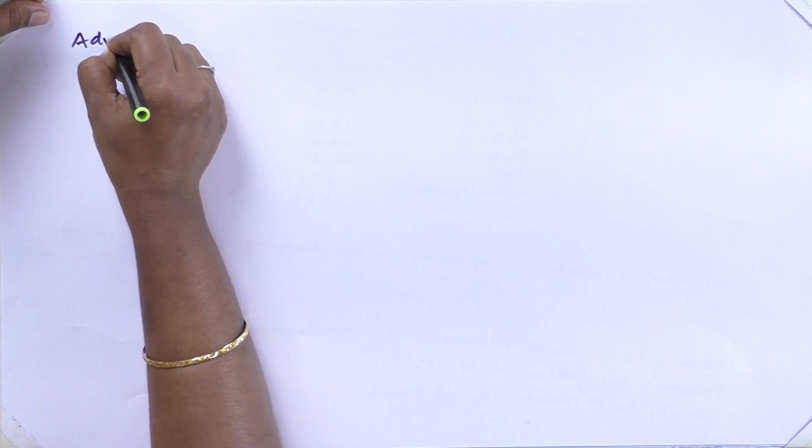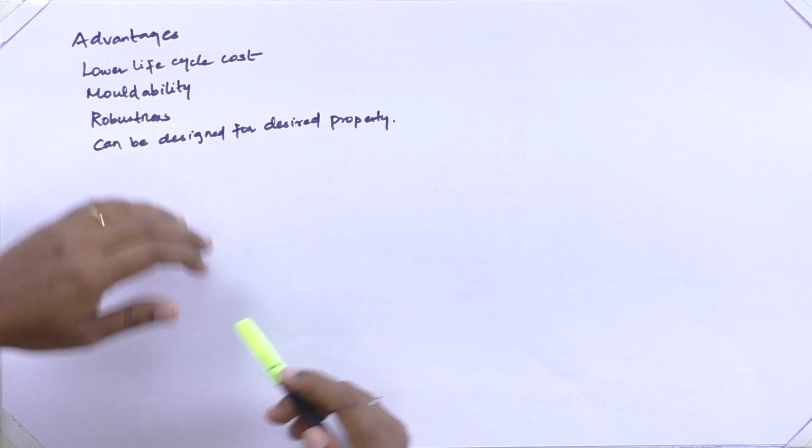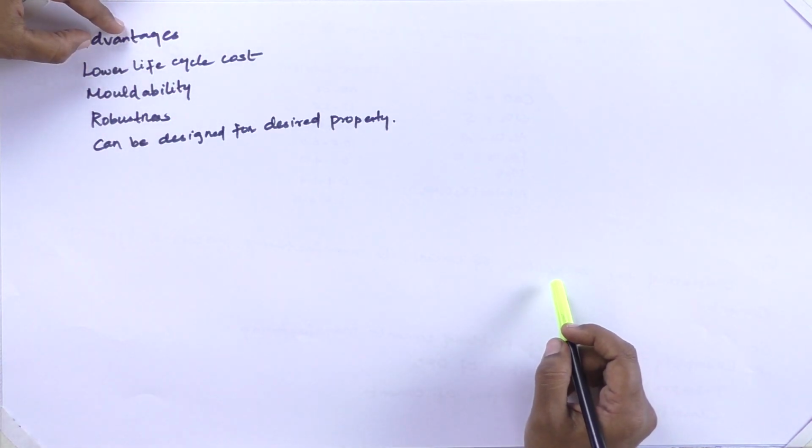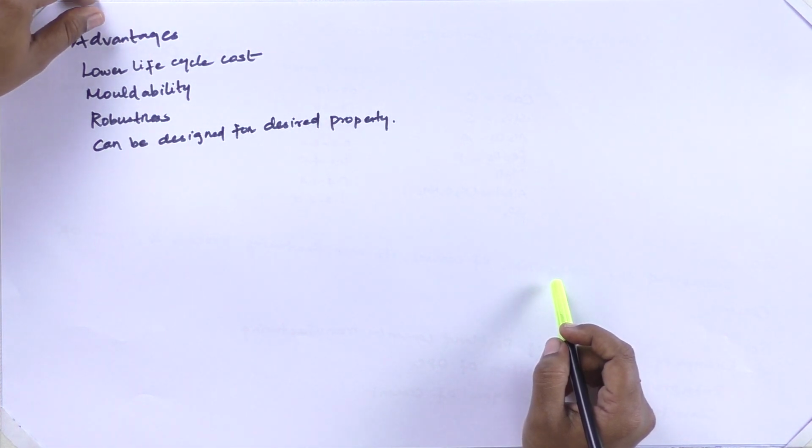Next we are going to see the advantages and disadvantages of concrete. Since it is used next to water, let's see its advantages and disadvantages. Advantages: lower life cycle cost. Concrete is a relatively cheap material since it is involved in many construction processes.